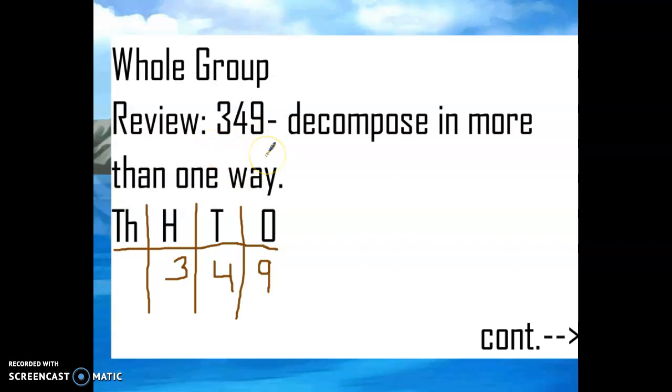There's lots of ways to make a dollar, but when you are decomposing any number, you're breaking it up in more than one way without thinking about 9 being the greatest number in a place value, because it's not place value, it's talking about value, specifically about value.